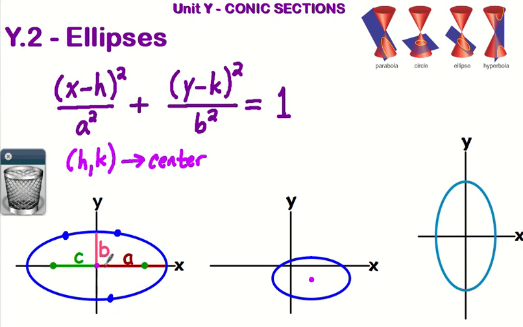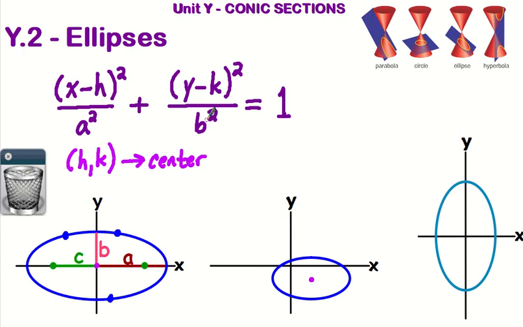I almost goofed on my terminology. So once again, b would be the y radius. So a squared always goes under the x part, and b squared always goes under the y part. So b is the y radius or the vertical radius, and a is the x radius or the horizontal radius.